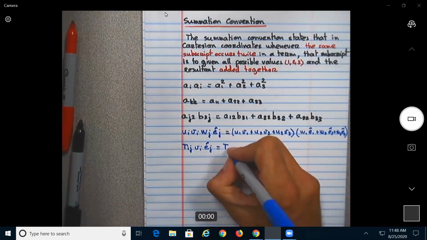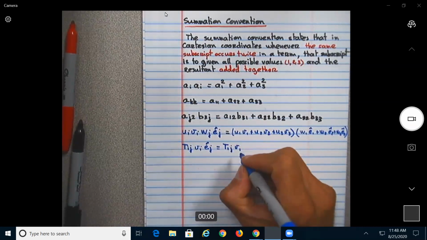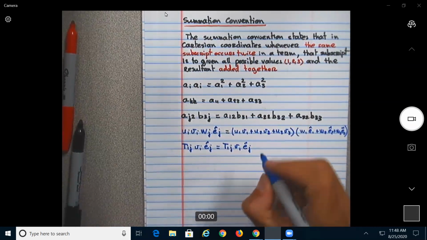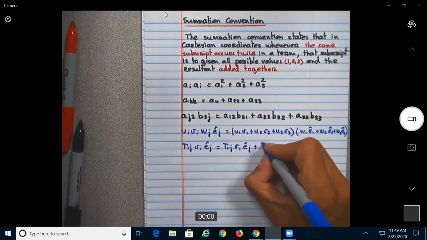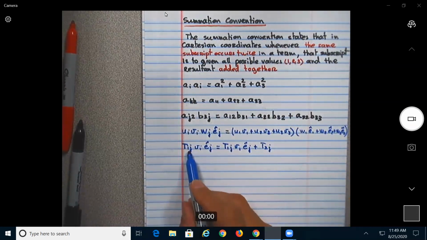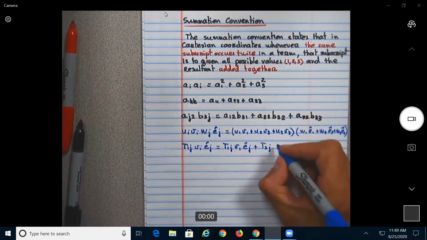Let's say we do T_1j V_1 E_j plus T_2j V_2 E_j plus T_3j V_3 E_j. Here I'm just doing the one, you see, I do one by one. I don't want to do both of them at once. It might be too complicated.